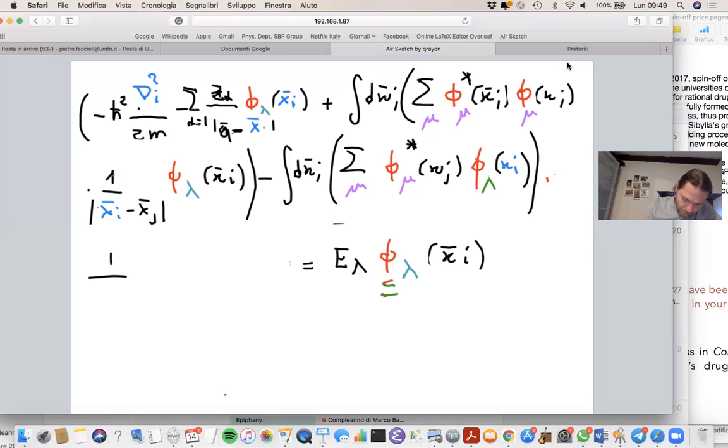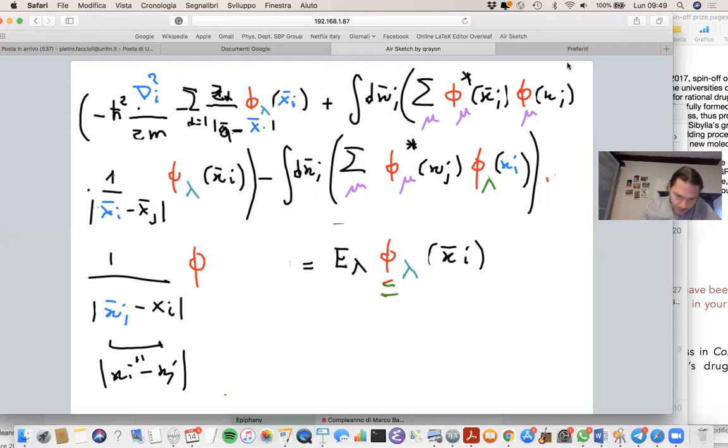And then I'm going to have 1 over xi minus xj, or xj minus xi, it doesn't really make any difference, for obvious reasons. And then I have phi, and again, here I have my mu, of xi.